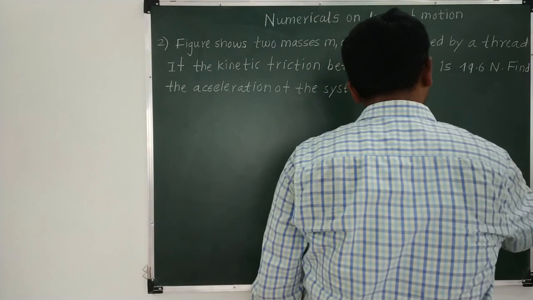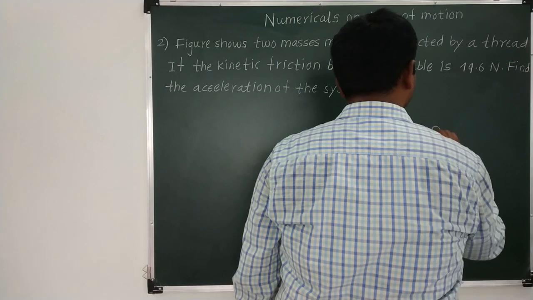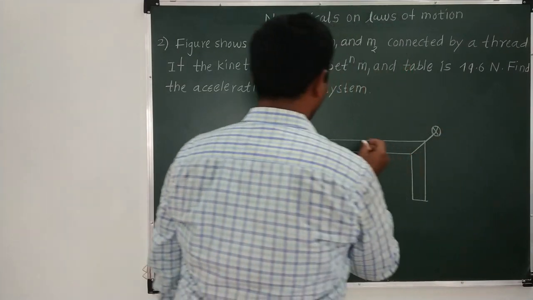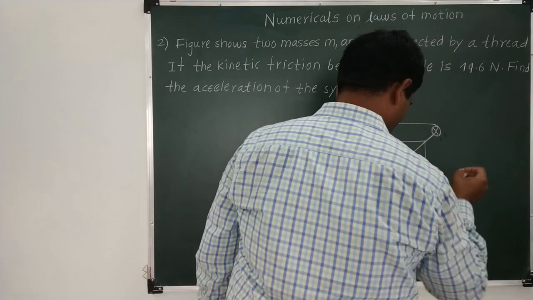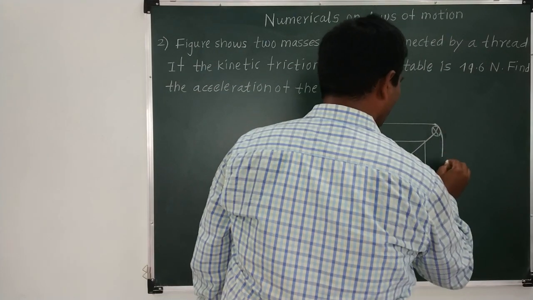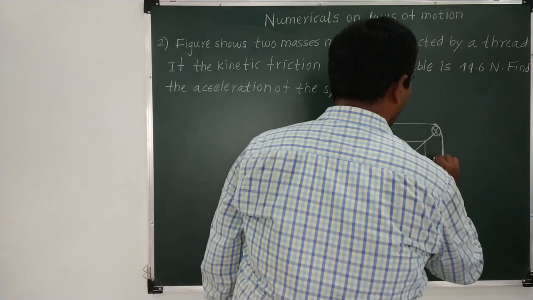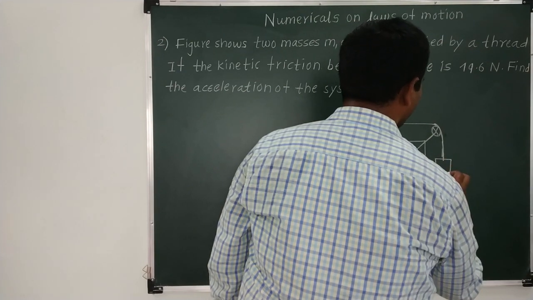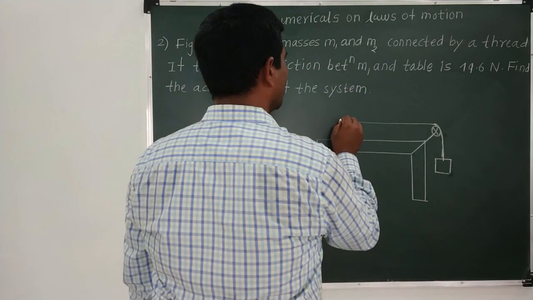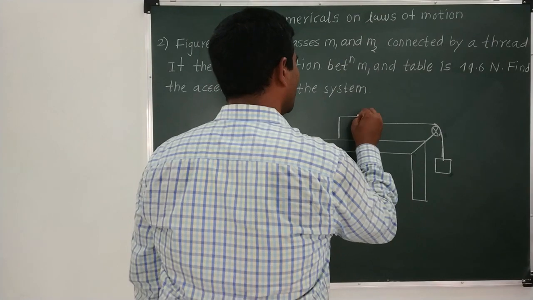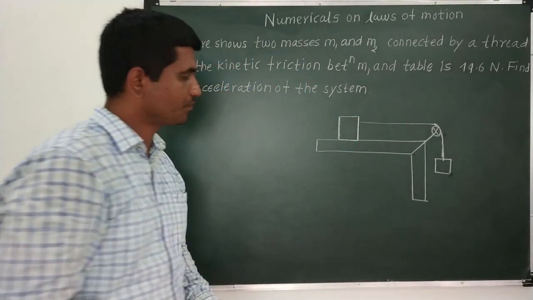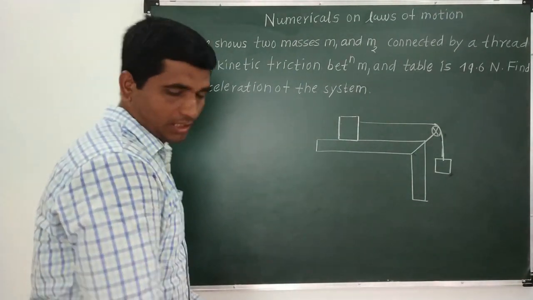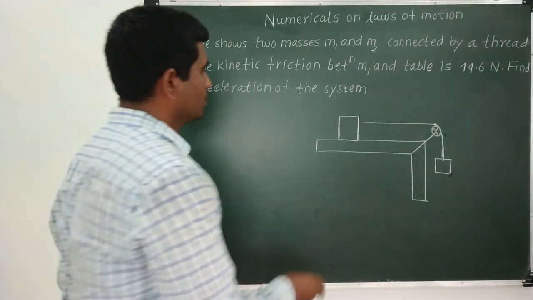One block goes over this pulley, and the string is going like this, and there is another block which is attached at this point. And this is a horizontal surface.